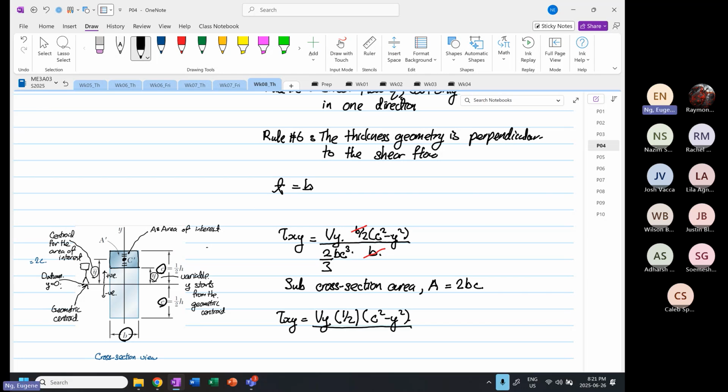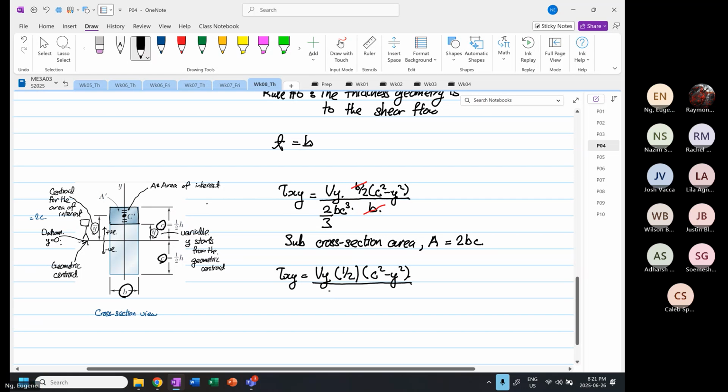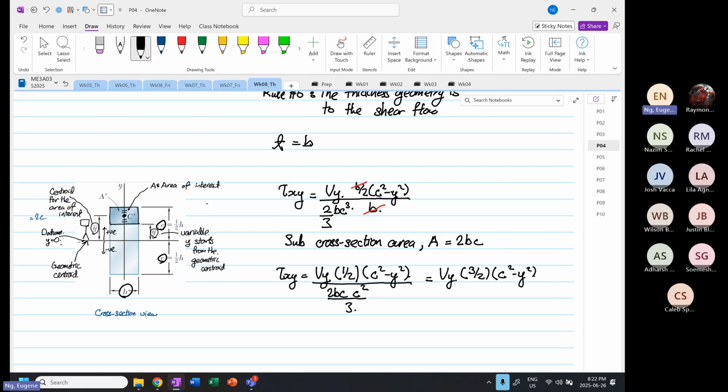So now we are going to split our 2bc, and then we are going to have our c squared, and then the whole thing divided by 3. So this will be equal to Vy. I'm going to bring the 3 to the top, multiplied by 3 over 2, c squared minus y squared. Then I'm going to have the denominator. And we know this term over here, 2bc, is going to be our A. And then we have c squared.